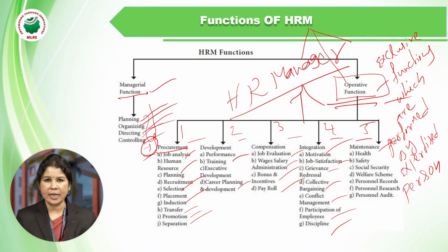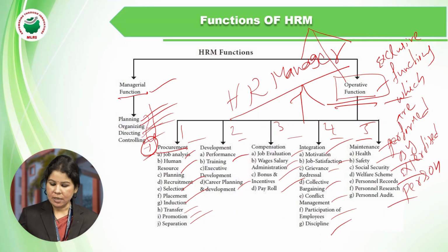To have better integration and maintenance, we have health and safety measures, social security and welfare schemes, personal records verification and background verifications, and personal research and personal audit, to ensure that cost and contribution are matched.